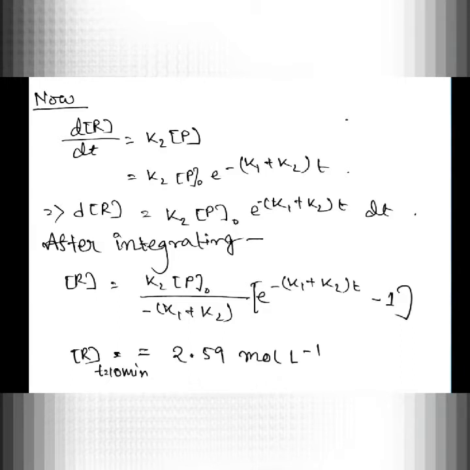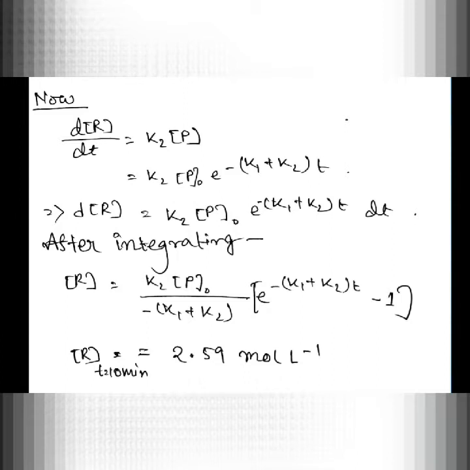From that equation, dR/dt, that is the rate of production of R with respect to T, is equal to the rate constant K2 into the concentration of P. Now in place of P, put the value of P at time t, so dR/dt is equal to K2 into P0 e to the power minus (K1 plus K2) T. So dR is equal to K2 P0 e to the power minus (K1 plus K2) T dt.